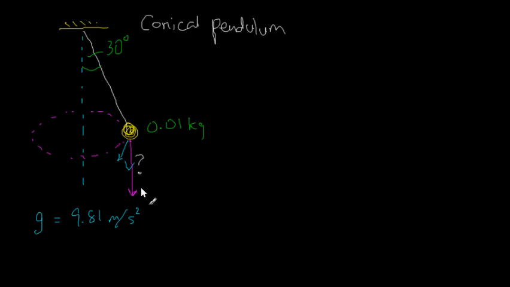I'll call that mg, mass times acceleration due to gravity, and that's the mass, the 0.01 kilogram. Now, there is another force, and that's the tension in the string that pulls at it. So that's the other obvious force. The string that we can see, I'll call that T. And there is no other force.